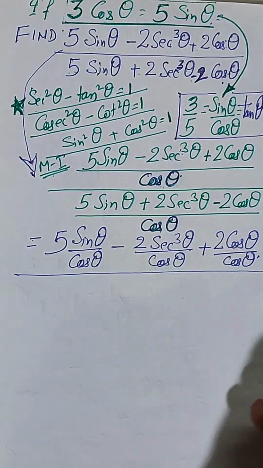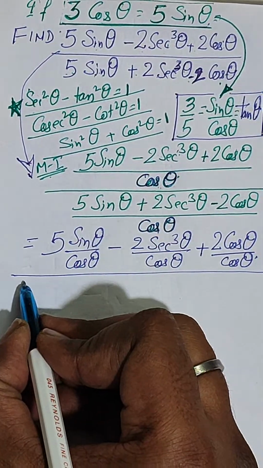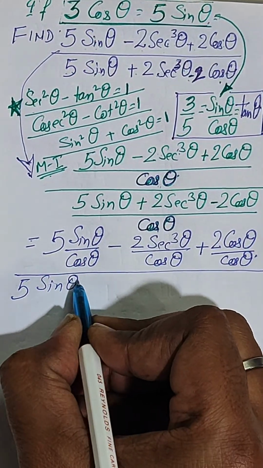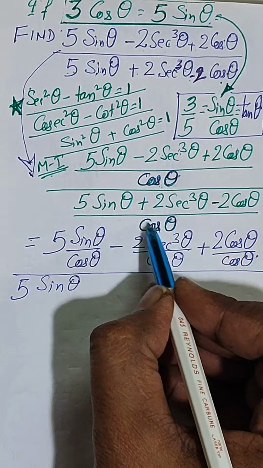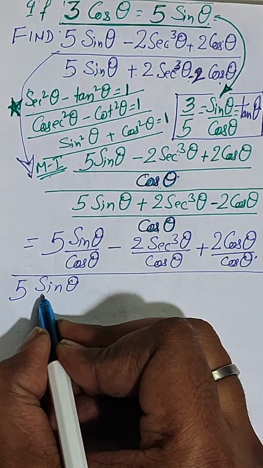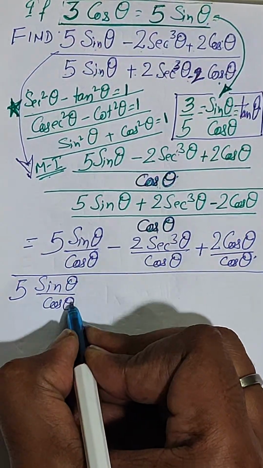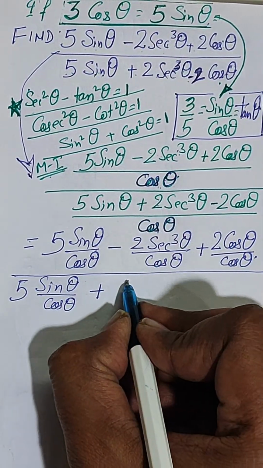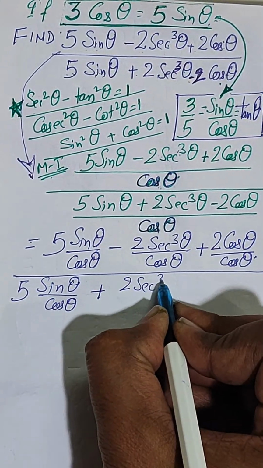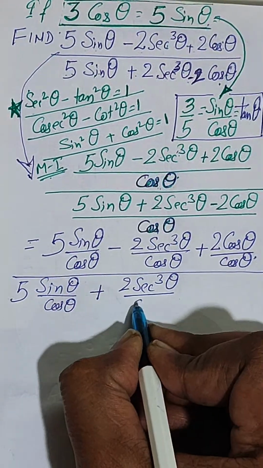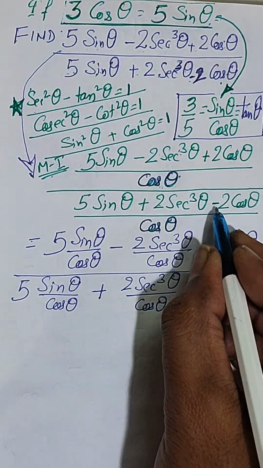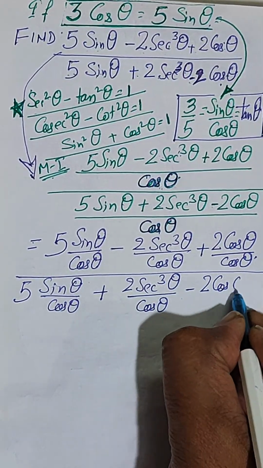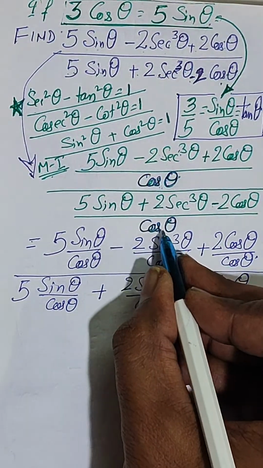Divided by, in the denominator, again we have 5 sin theta divided by cos theta plus 2 times sec cube theta divided by cos theta minus 2 times cos theta divided by this cos theta.